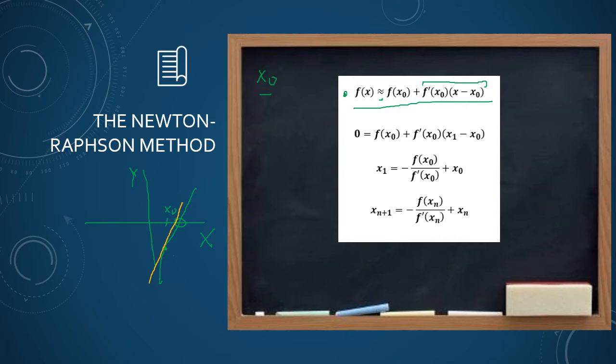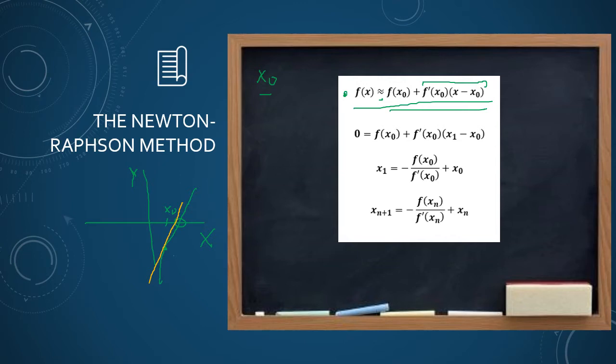You don't have to, but just to make matters simple, this is what we do, and this is the method. You cut it off at the first derivative, and now you have our function approximated as a straight line.